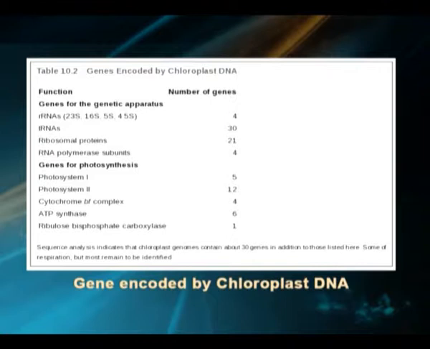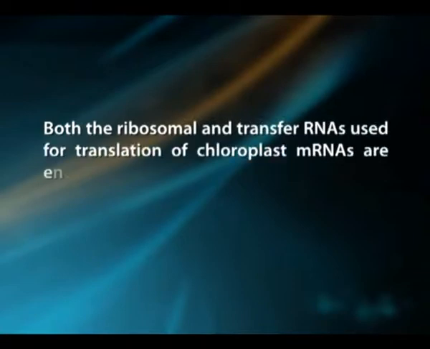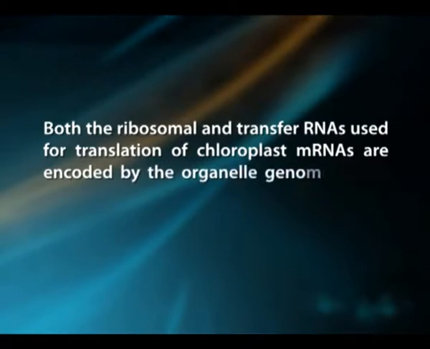These chloroplast genes encode both RNAs and proteins involved in gene expression, as well as a variety of proteins that function in photosynthesis. Both the ribosomal and transfer RNAs used for translation of chloroplast mRNAs are encoded by the organelle genome.